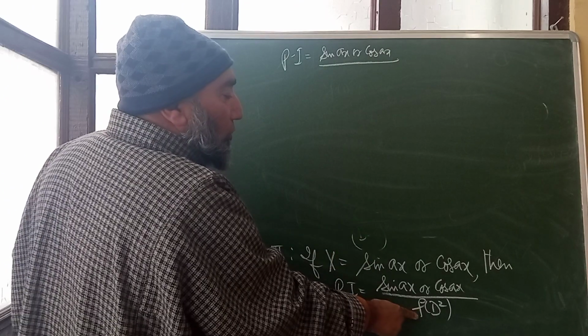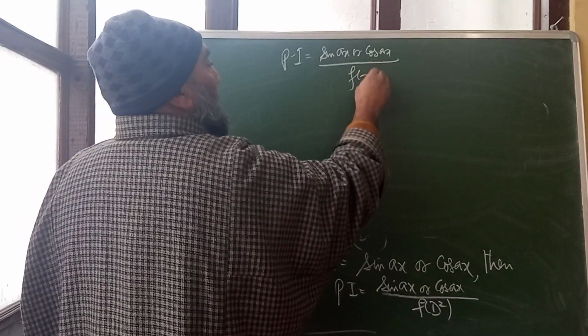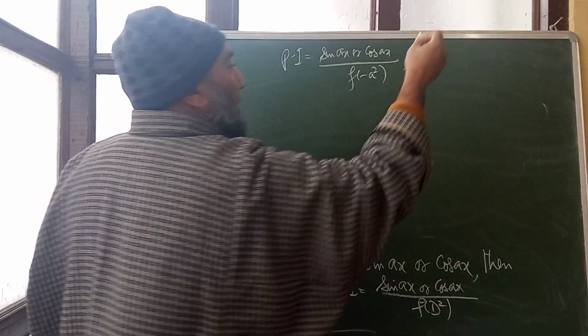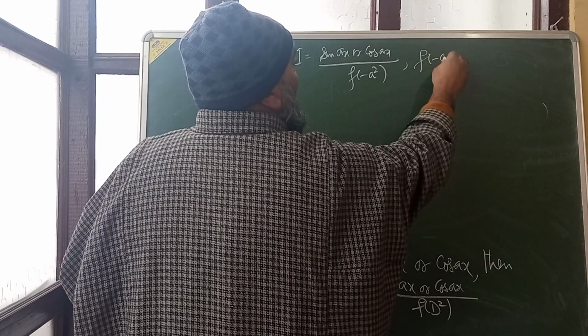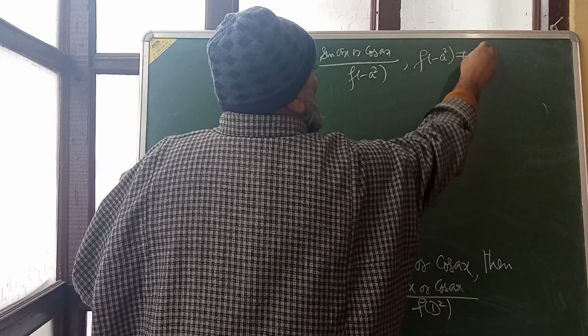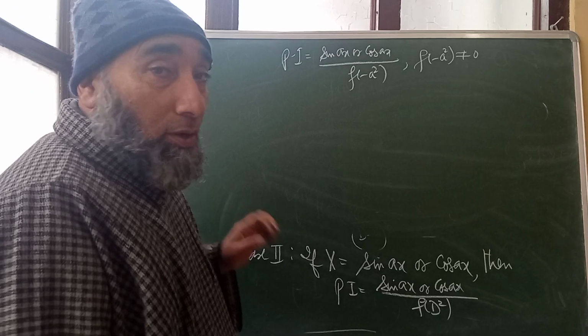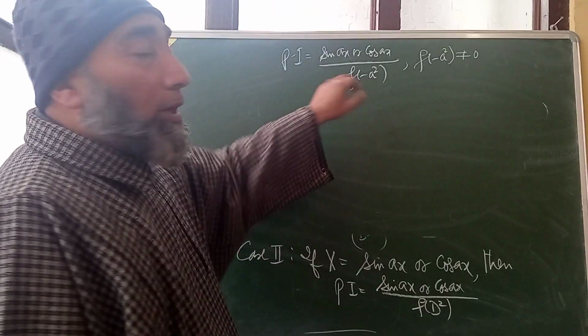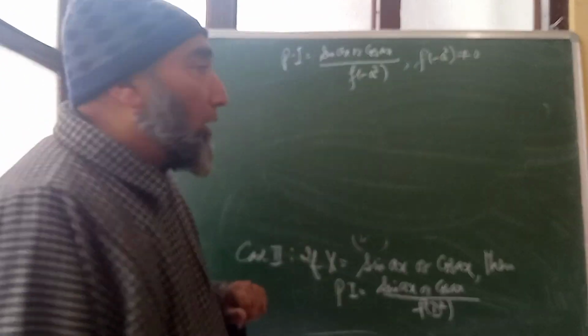See, you have f(D squared). It is f of minus a squared. Again, the condition is that f of minus a squared is not equal to 0. This is the condition. But then it may happen that f of minus a squared is 0. I have a case of failure.